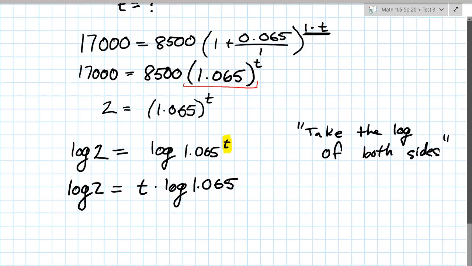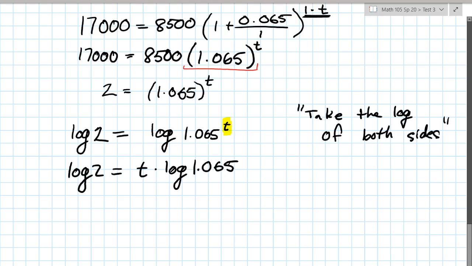Typing some things into our calculator, we get the log of 2 equals 0.30102 and a bunch more decimal places.